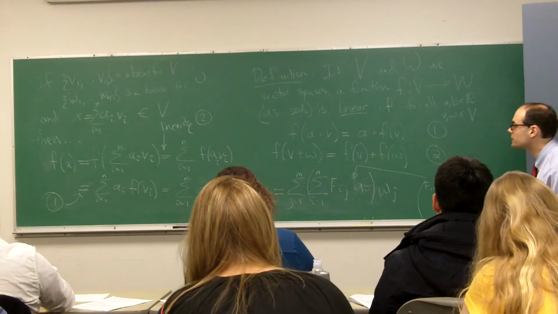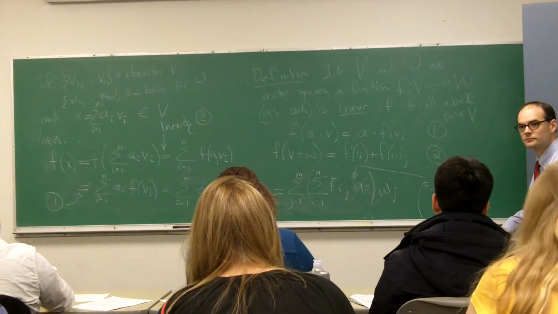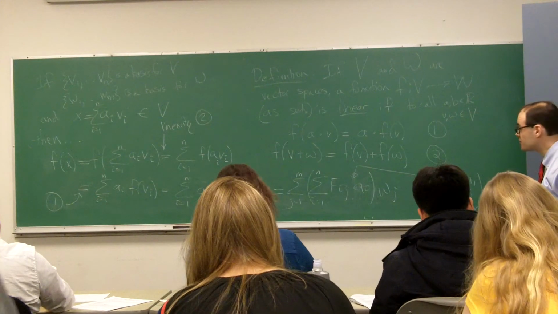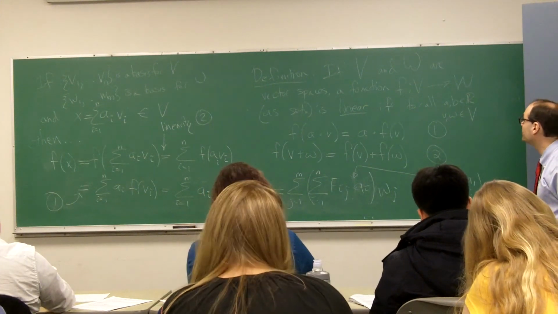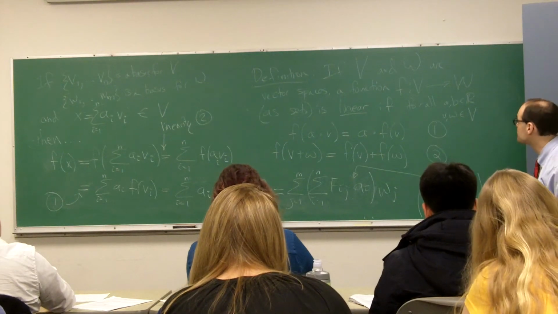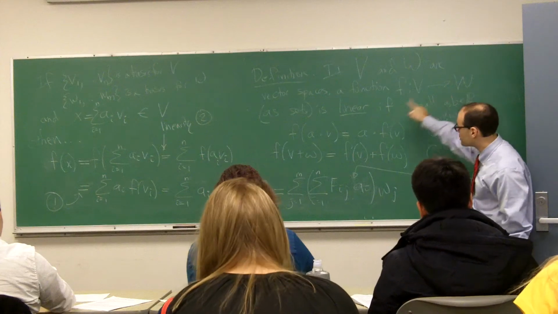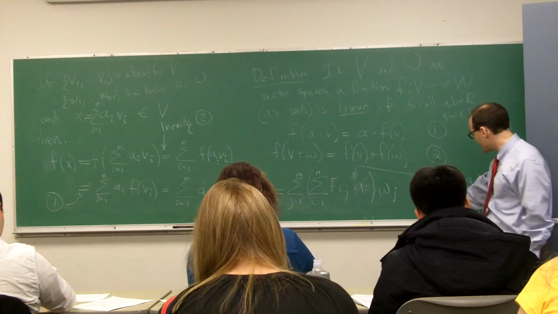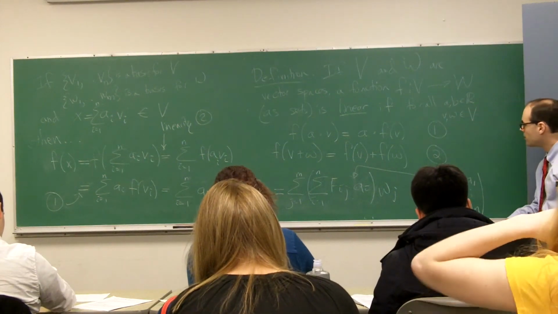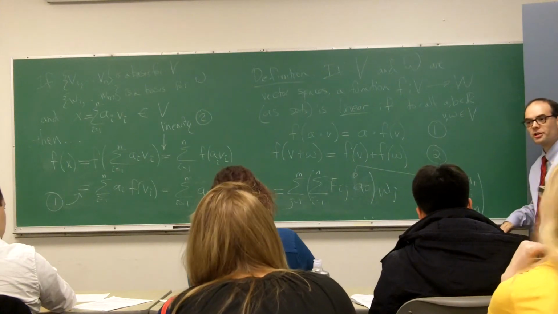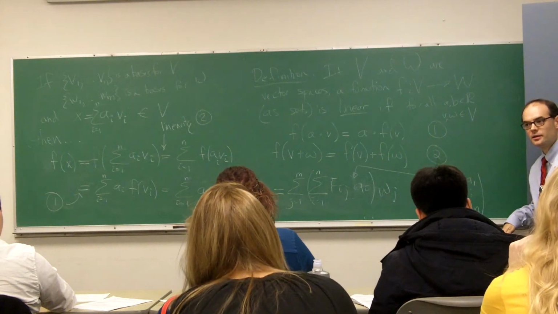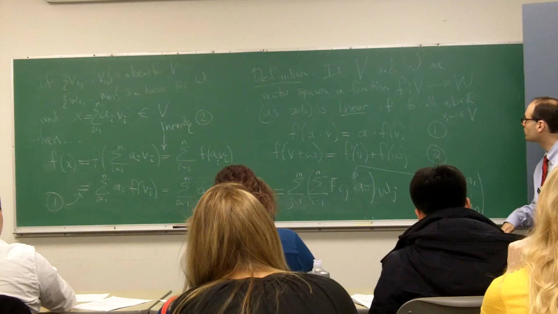There it is. So, given a basis for the domain and the codomain of my space, if I have a linear map, then I can describe it by this big array of numbers via matrix multiplication. Okay. Now that was a whole lot of review.